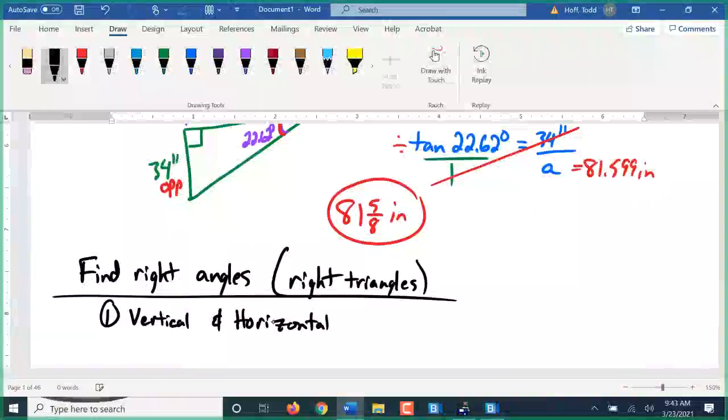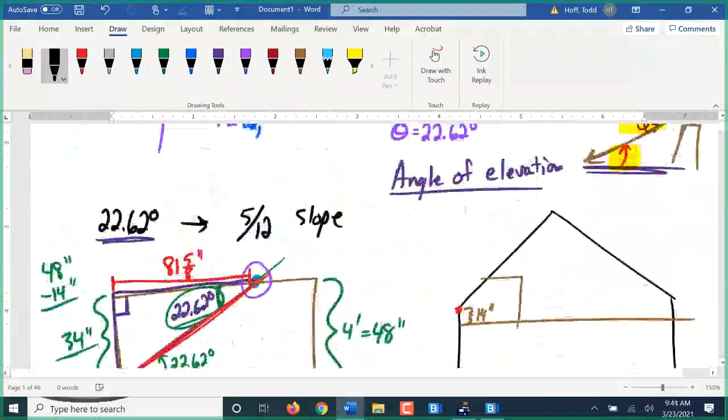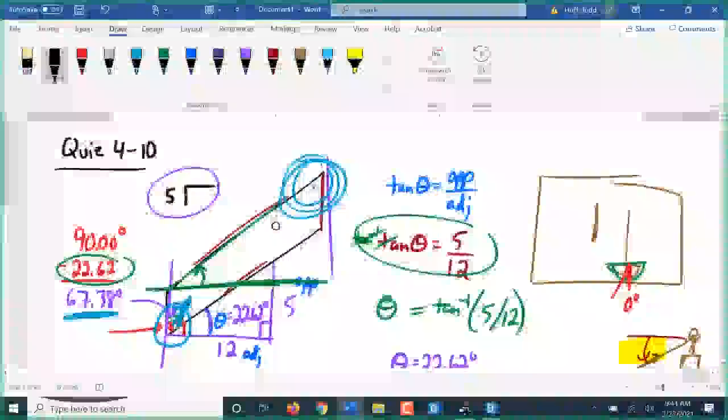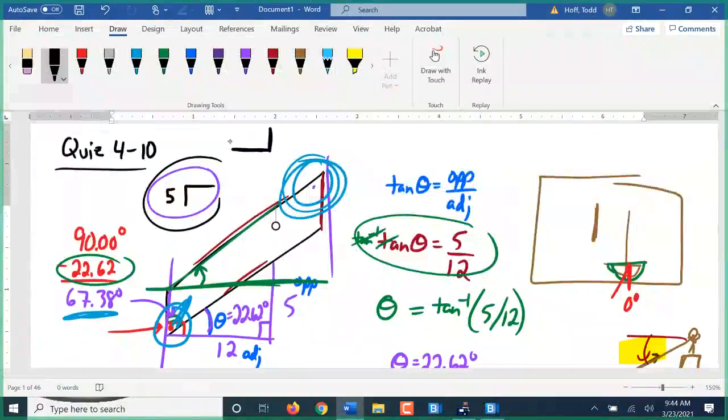We know that any time a vertical and a horizontal line come together, which is what our slope here is, the slope is the 5 is vertical, the 12 is horizontal. We know that has to form a right angle because those are vertical and horizontal dimensions. Where they meet is perpendicular, is a right angle.